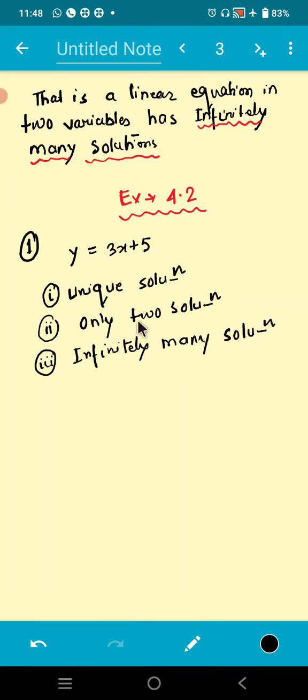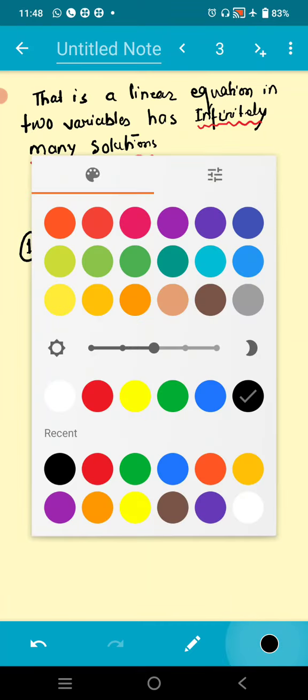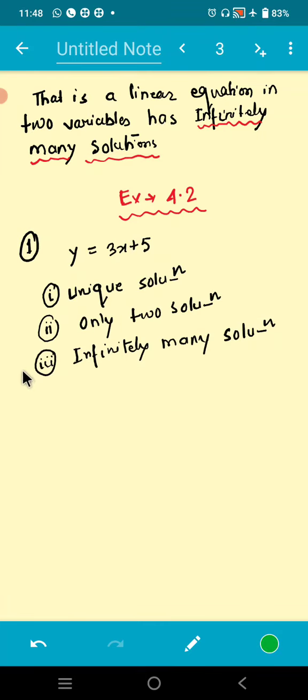Fine. Now as we have already discussed how many solutions is possible for any linear equation in two variables, it is infinitely many solutions. Absolutely right. So the option is what? Number 3, students. Fine. Now let's proceed to question number 2.